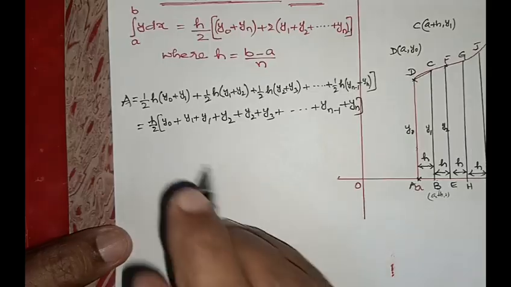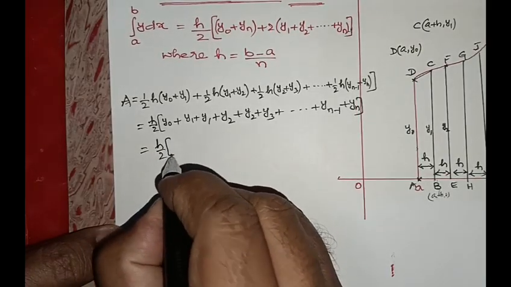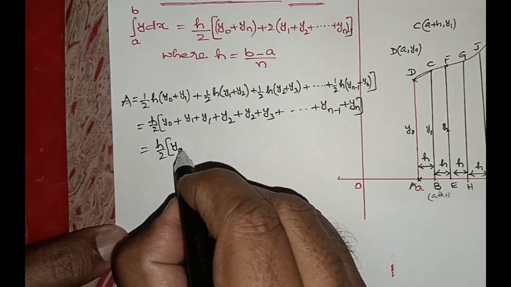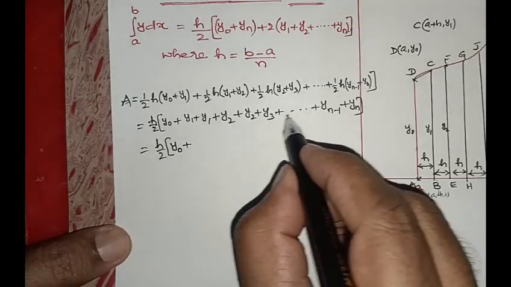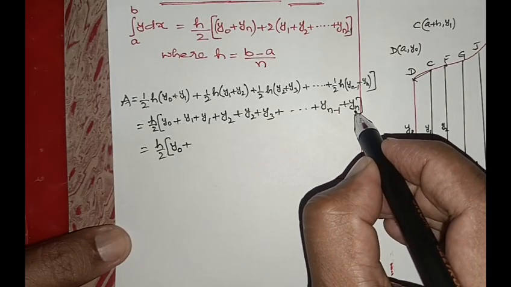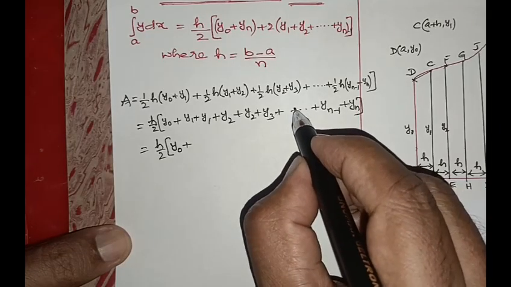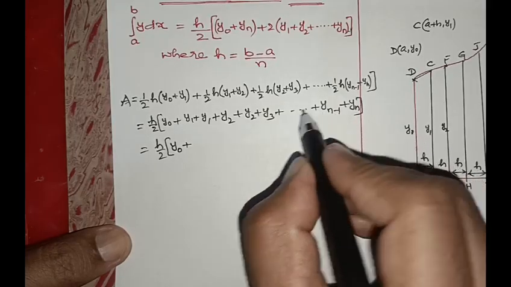This I get. It is very interesting to observe that in h by 2, y0 is present one time, but the remaining y's are present two times, and only yn is present one time. Just before this one, we have yn minus 2 plus yn minus 1, so yn minus 1 also occurs two times.